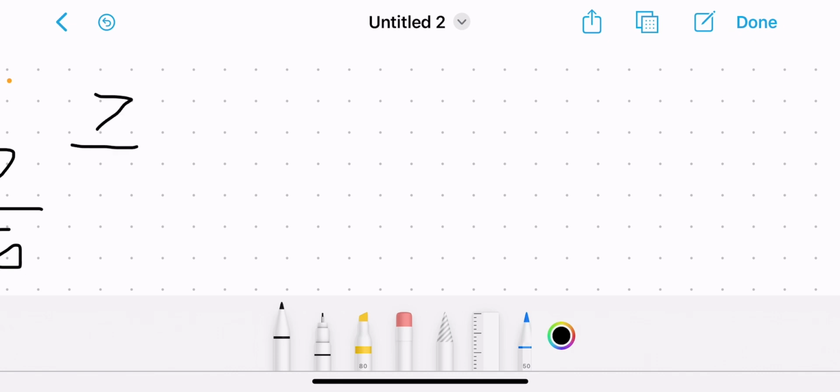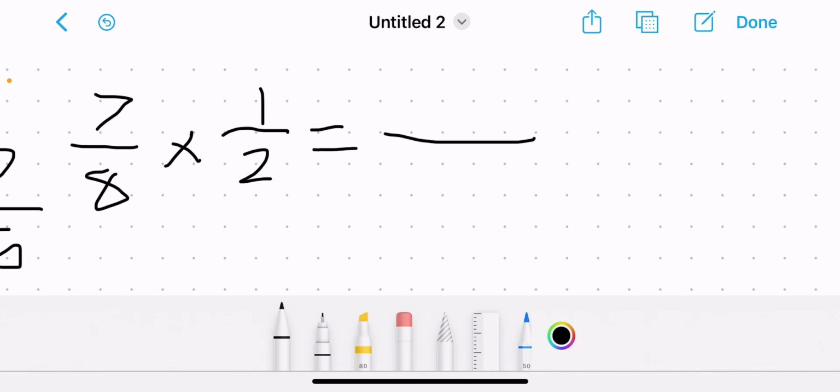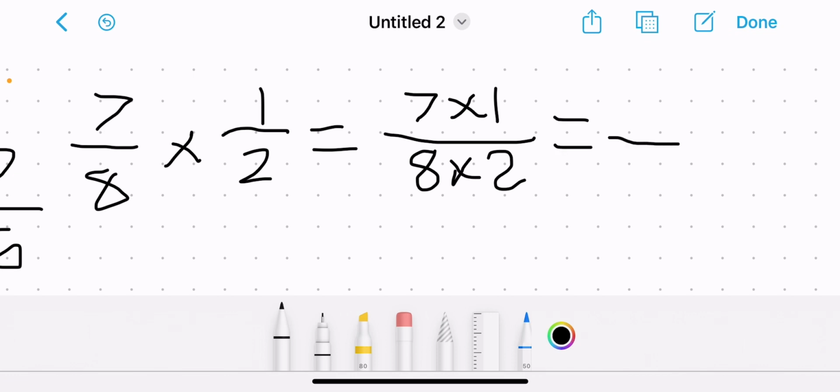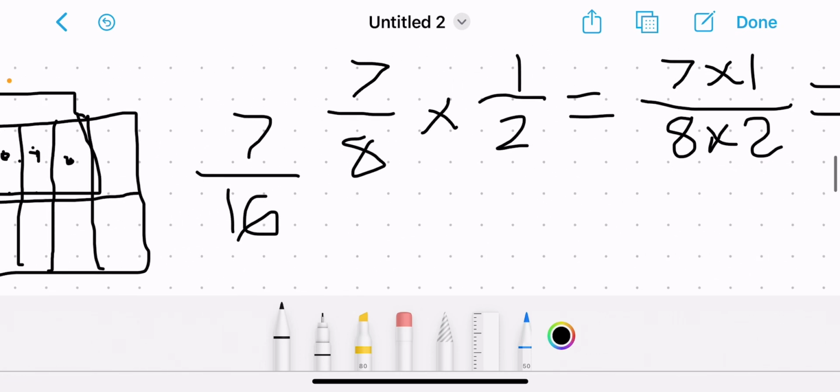So if I'm doing 7/8 times 1/2, I know that is the same as doing 7 times 1 over 8 times 2, which means that my numerator should be 7 and my denominator should be 16. So those are two strategies to represent my thinking.